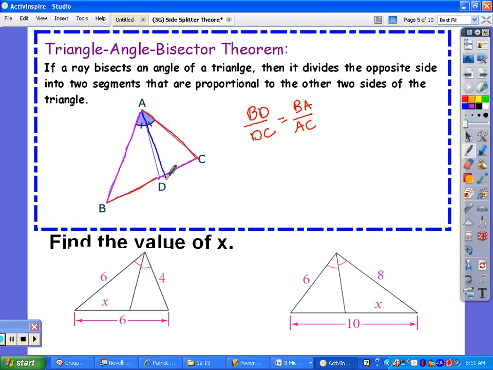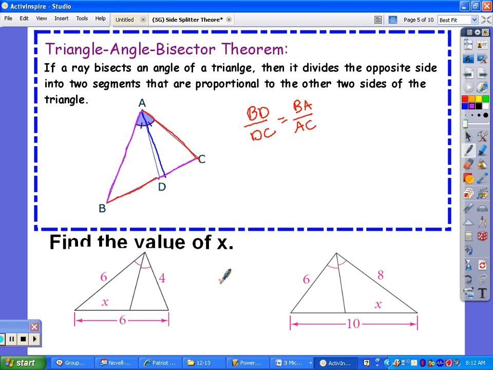BD does not touch segment AC, but it touches DC and BA. So the ones that do not touch have to be across from each other. The same thing, BA and DC are also two segments that are not touching, so they have to be on the diagonal. Those are the ones we have to multiply together. So as long as you remember that, you'll set up the proportion correctly.